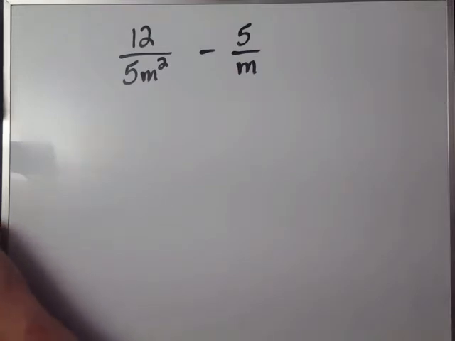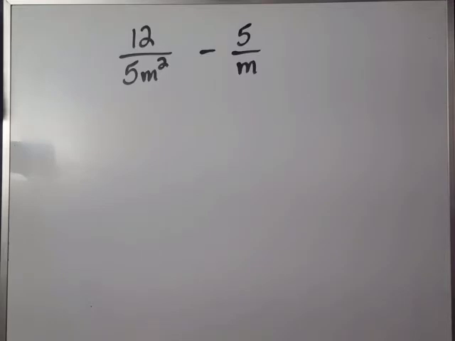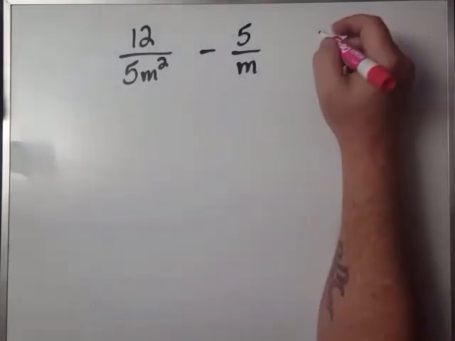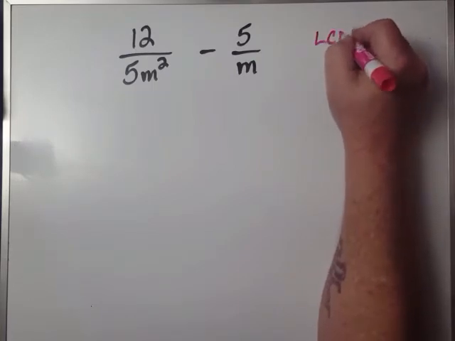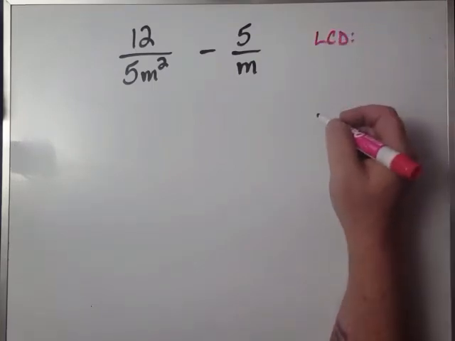I'm subtracting rational expressions with different denominators. So the first thing I need is the least common denominator. I find my least common denominator by taking every different factor I see, the most number of times it appears in any given denominator.